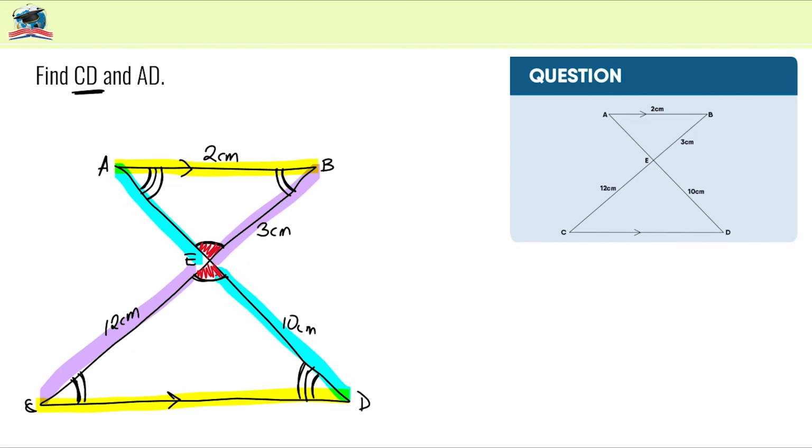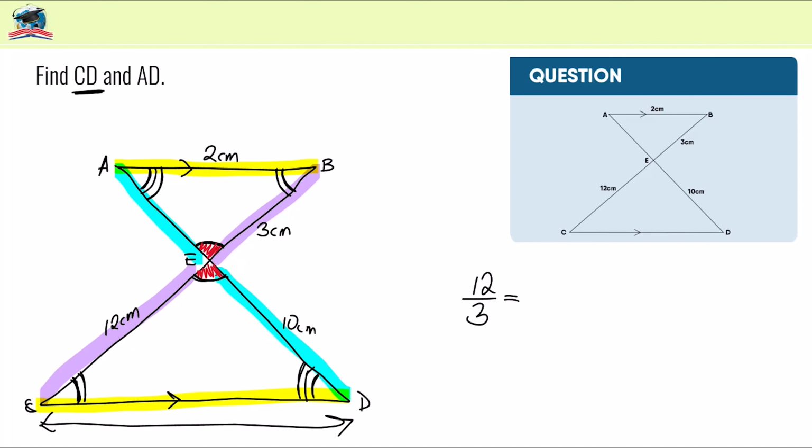So we're going to start from big to small. So big to small, that is big, which is 12, to the small one, which is 3. This one is equal to whatever we're looking for. We're looking for the yellow one. So we're looking for CD, which is this distance here, from here to here.